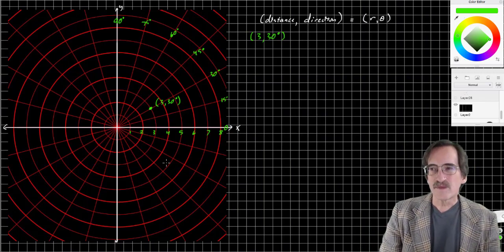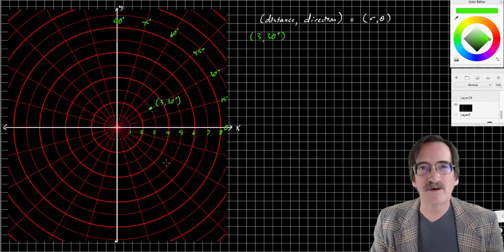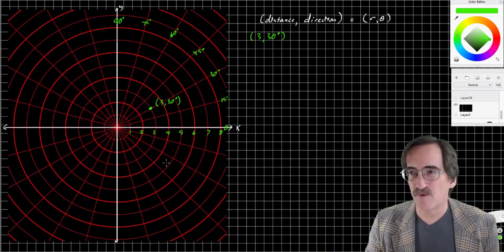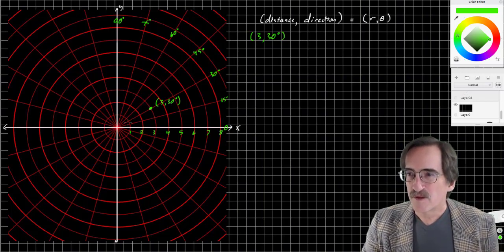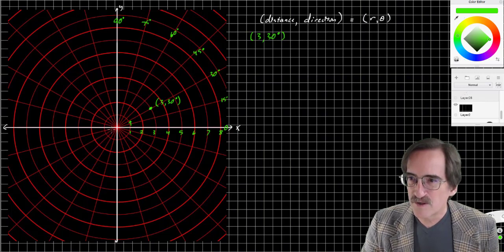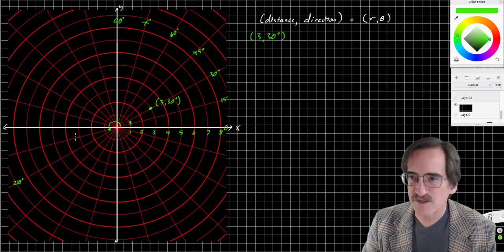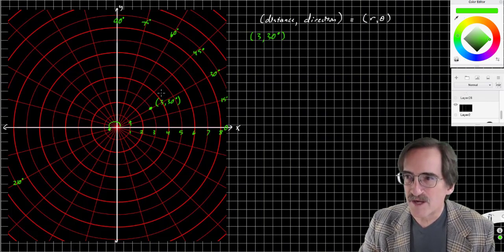Now, what's interesting about polar coordinates is that there are multiple ways to express the same point. For example, what if instead of stopping at 30 degrees, I went all the way down to 180 plus 30, or 210 degrees, but I made the distance -3.